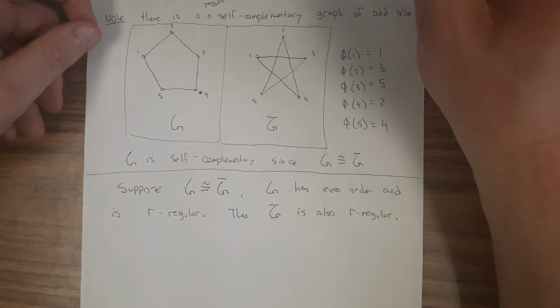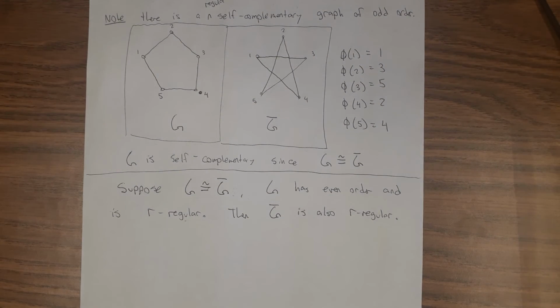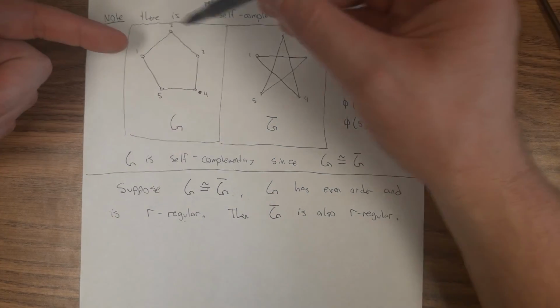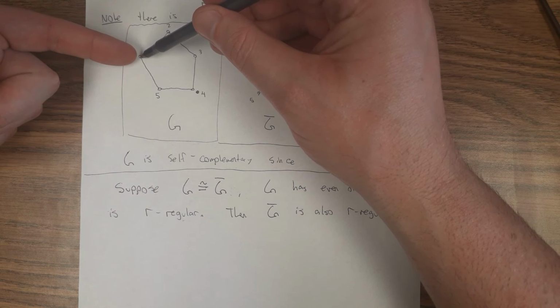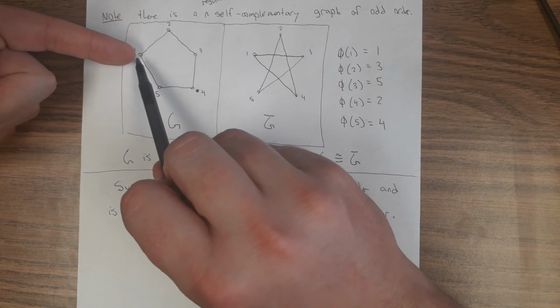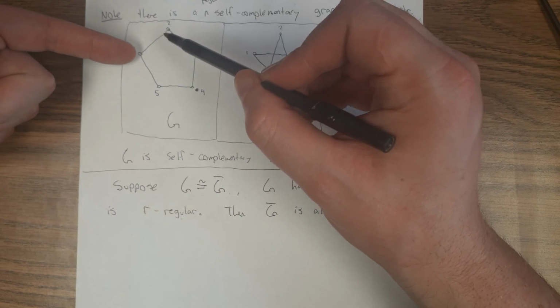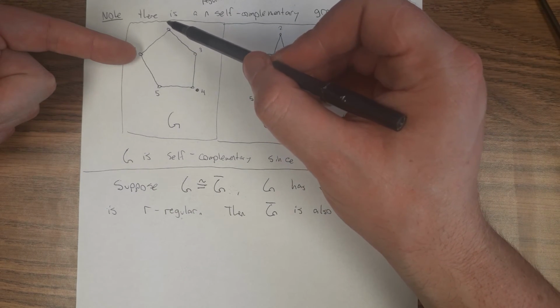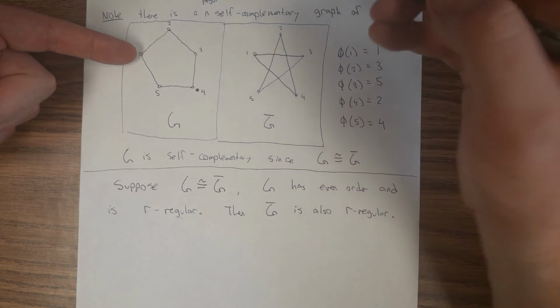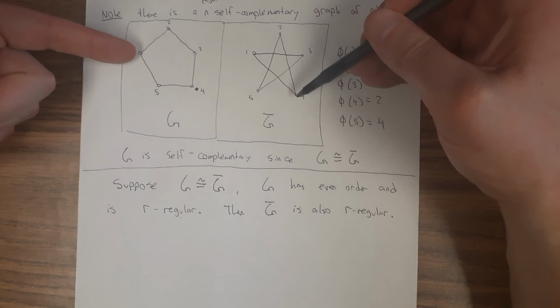But then what? If I look at, say, the vertex 1, 1 has certain neighbors in this graph. The neighbors are just the vertices that it's adjacent to. So it's adjacent to 2 and 5 in this graph. And then 1 has different neighbors in this graph. It has the neighbors 3 and 4.